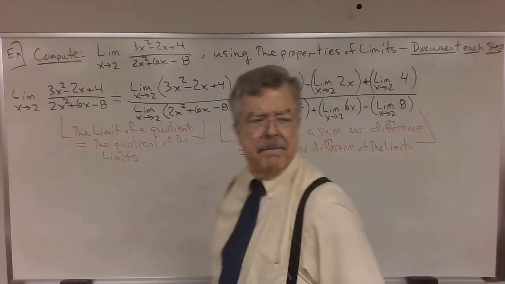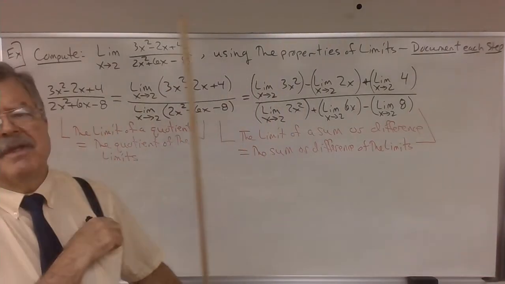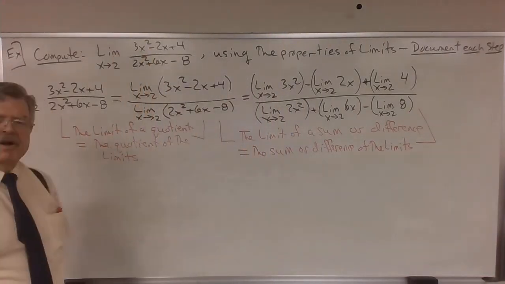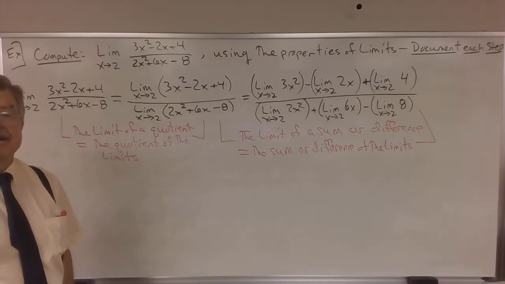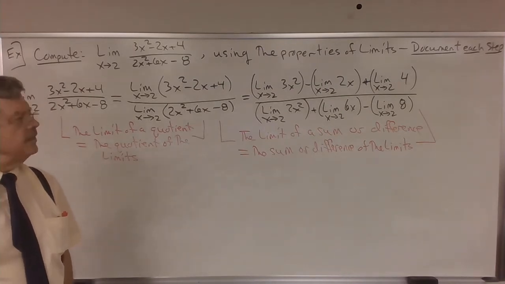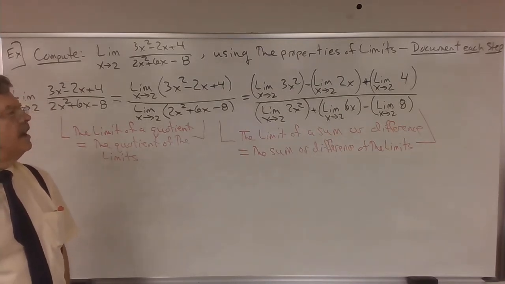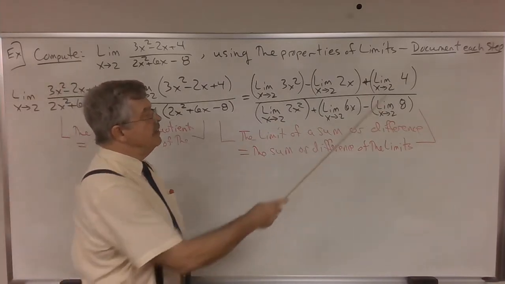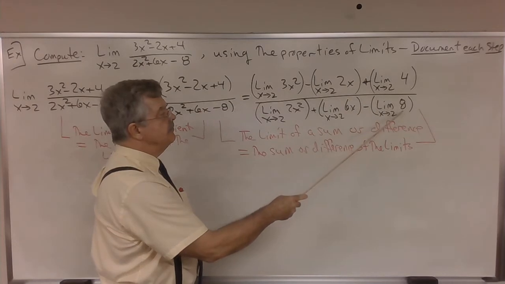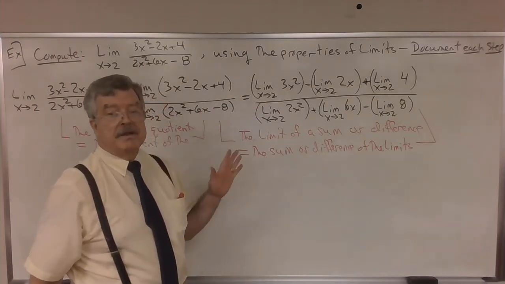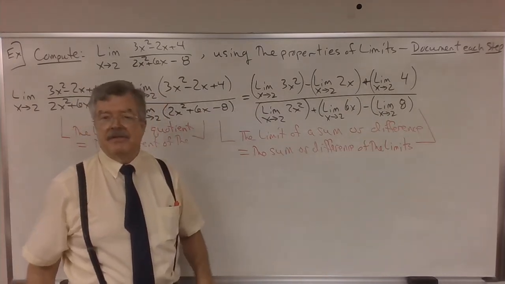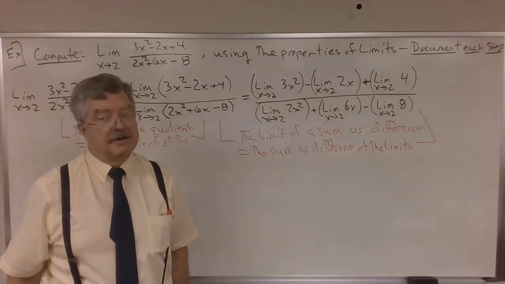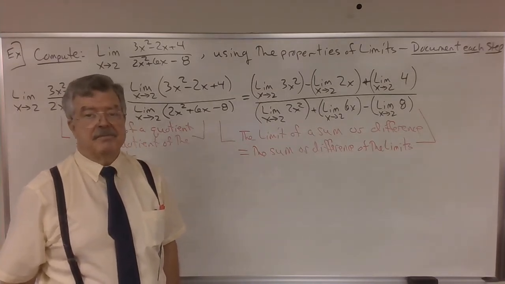In our next step, we have a choice. There are two different properties that we can employ here, and it doesn't matter which one we choose. One thing we could do is use the limit of a constant, the property that says the limit of a constant is equal to the constant itself.